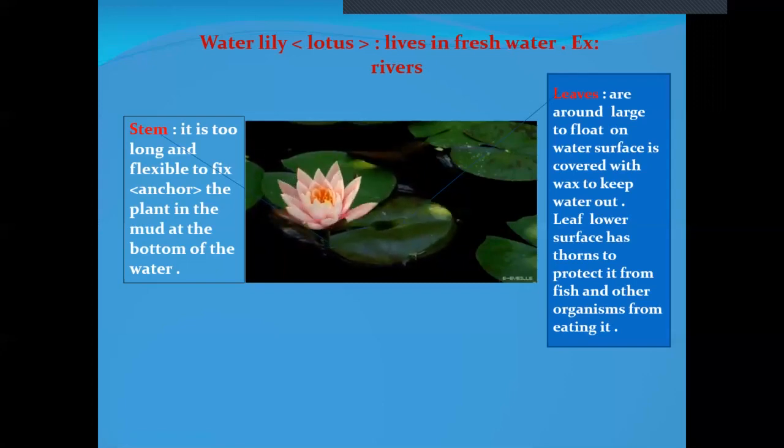Number one, leaves are large and the surface of the leaf is covered with wax to keep water out, and the leaf's lower surface has thorns to protect it from fish and other organisms. Number two, the stem is long and flexible to fix it in the mud at the bottom of the water.